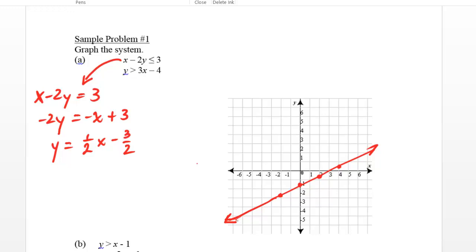So I'm going to test the point 0, 0 in my original inequality. And I get 0 is less than or equal to 3, which is a true statement, which means that 0, 0 will be part of my shaded region here.